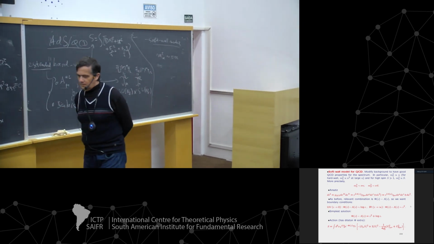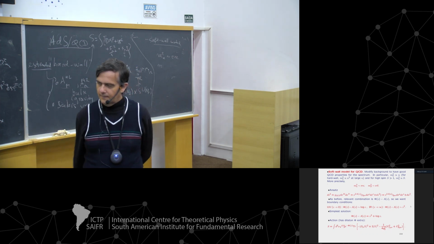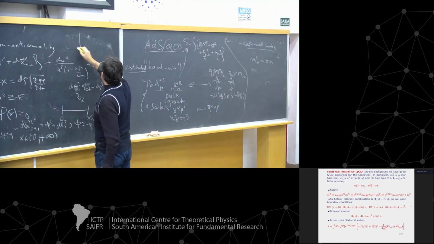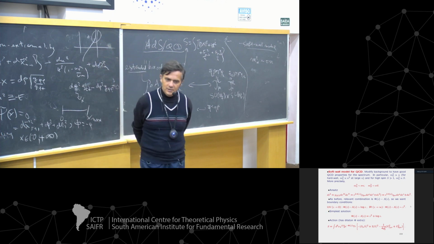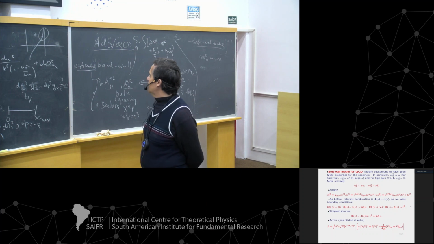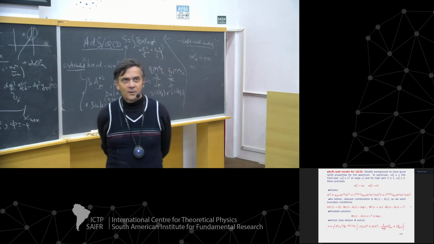So for the hard wall model specifically, I showed you that the potential was something like this. And in this region corresponding to large masses, one could solve this exactly, and the mass squared goes like n squared. But that's not the correct behavior.